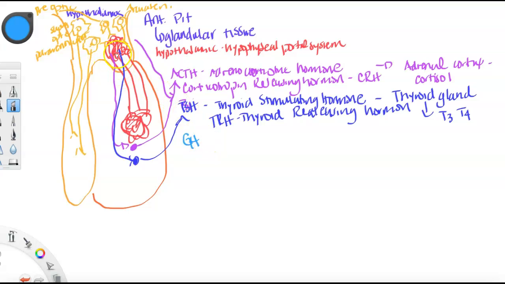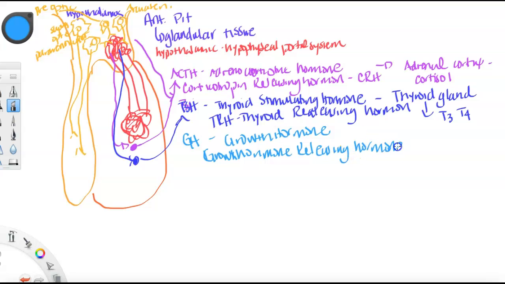All right, the next one is going to be growth hormone. So growth hormone comes from growth hormone releasing hormone, GRH, from the hypothalamus.